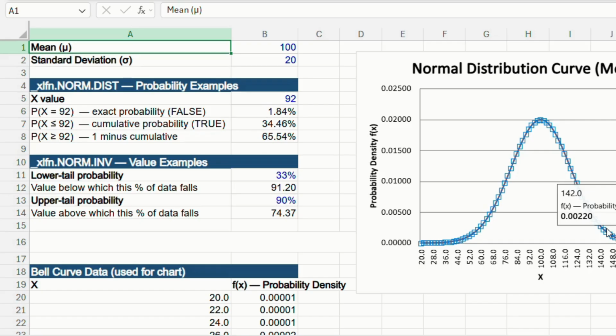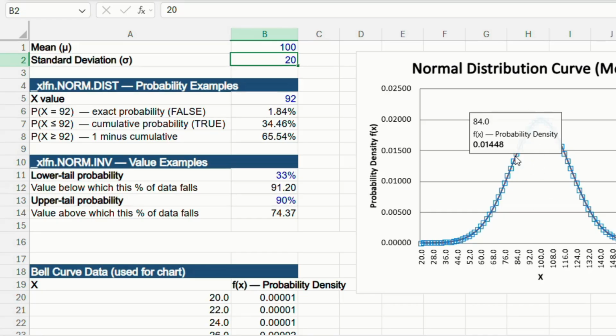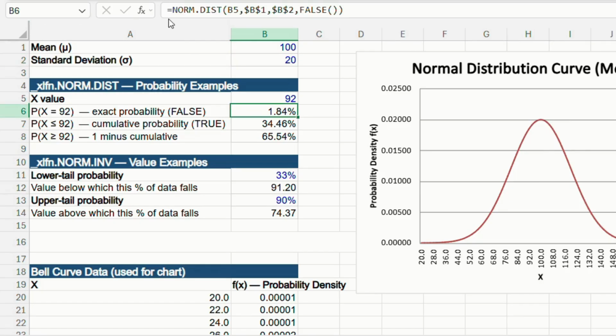So this gives you an exact gut check on any value, but to get exact numbers we'll turn to Excel. So I've got this data over here. In cell B1 we have the mean and in cell B2 we have the standard deviation. If we want to know the probability of a student scoring exactly 92, which is just below the average and very close to the middle of the curve, we will use the formula equal to normal distribution.